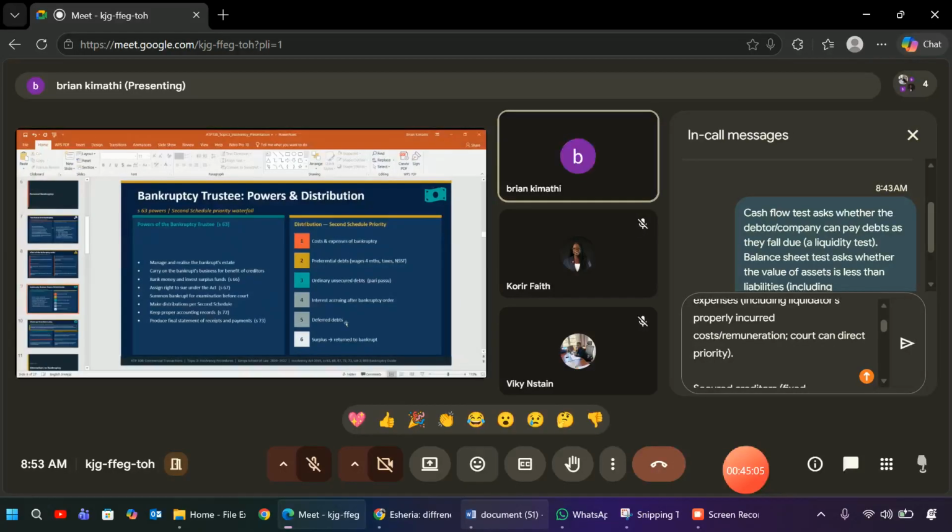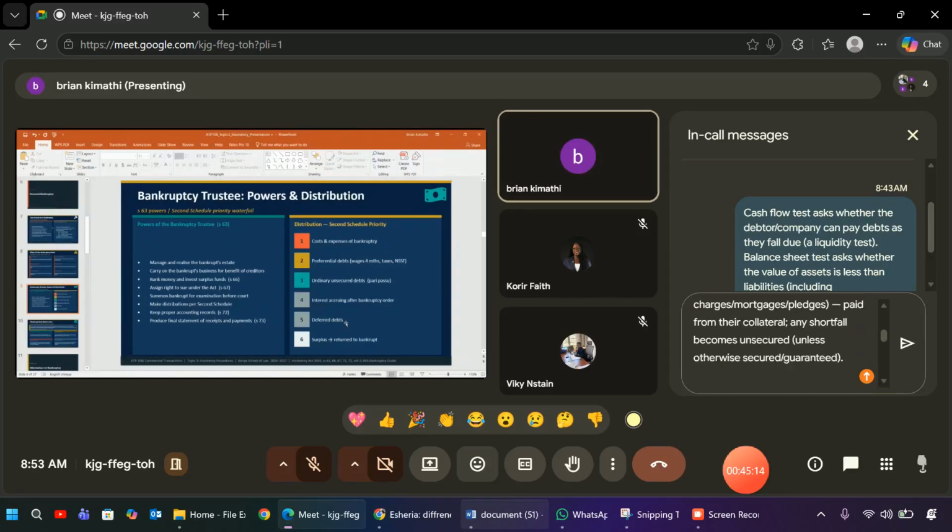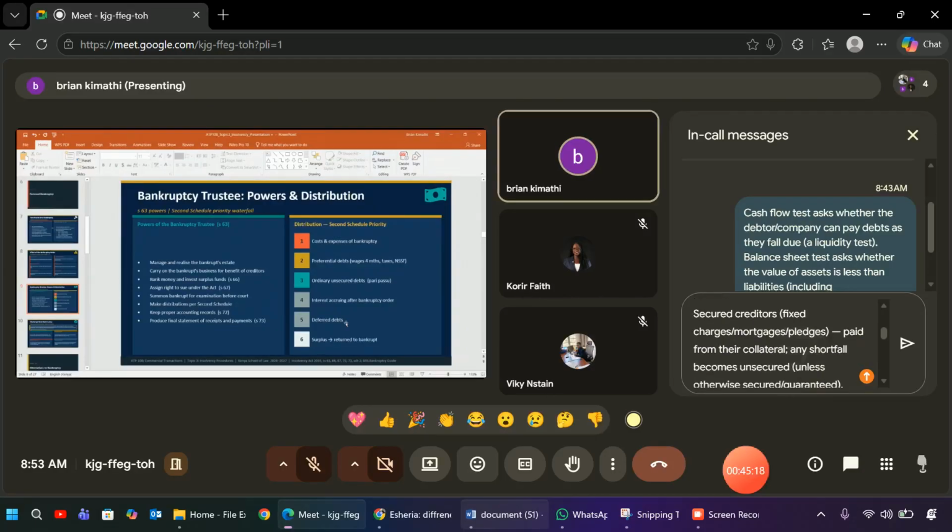Then I take on a debt that is to be paid at a future date, or that debt and its terms of repayment and terms of interest will be determined at a future date.